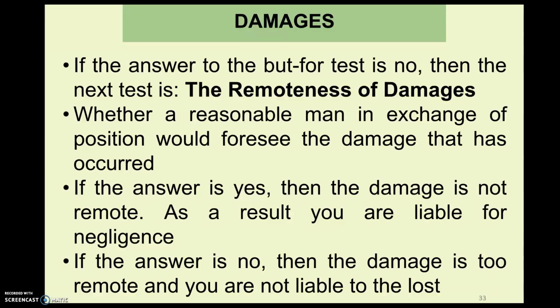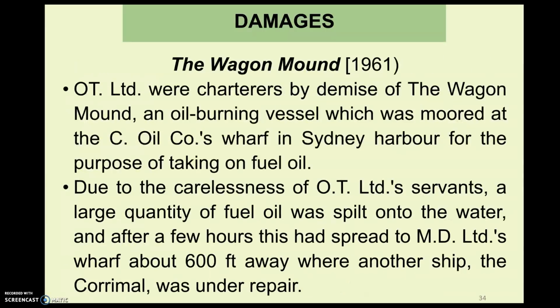If the answer is no, then the damage is too remote and you are not liable for the loss. So what is remoteness of damage? If it is too far apart from the cause, did you foresee the damage? If you foresee it, yes, you might be liable. But if you don't foresee it, the damage is too remote and you are not liable.